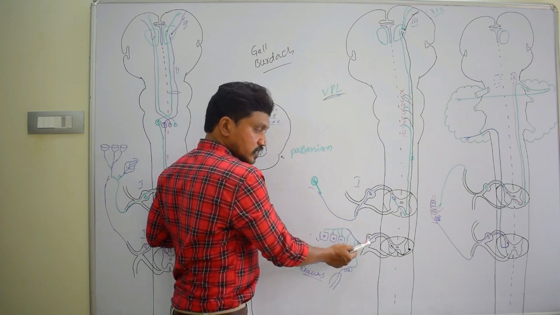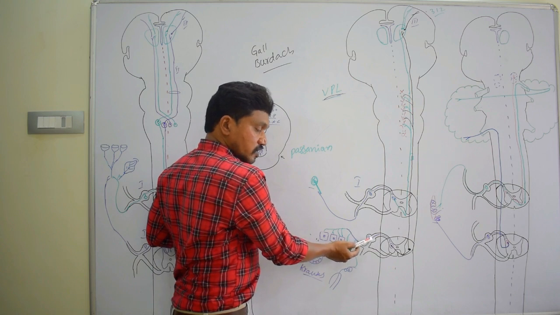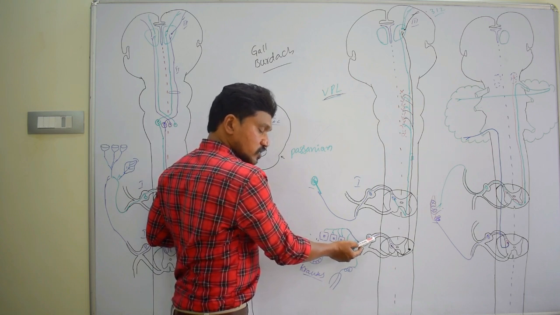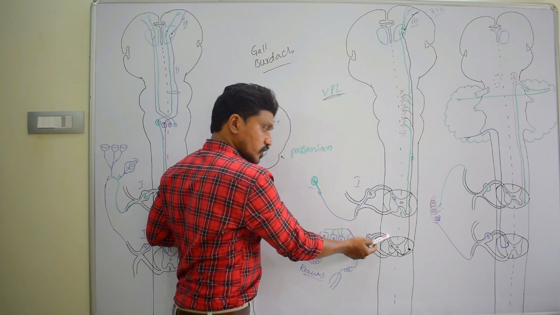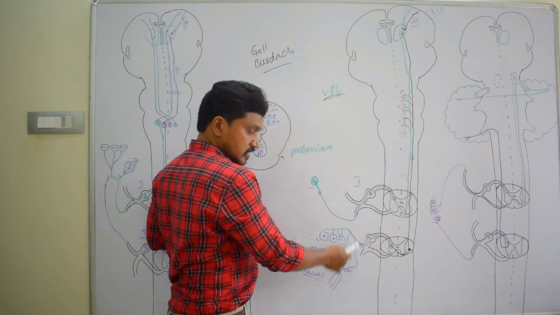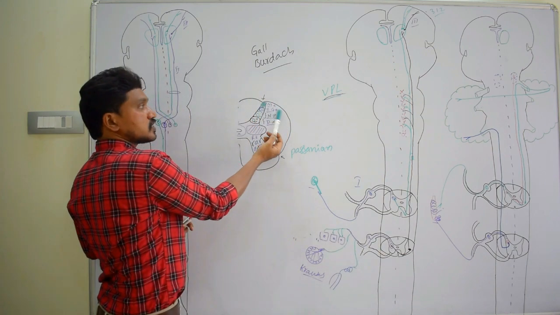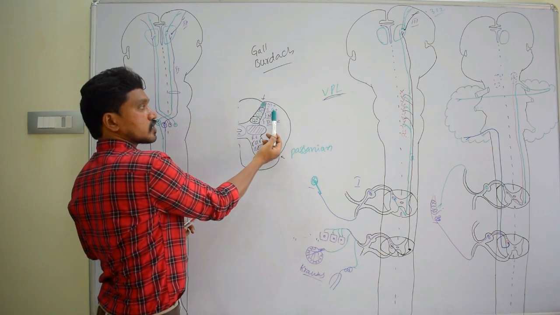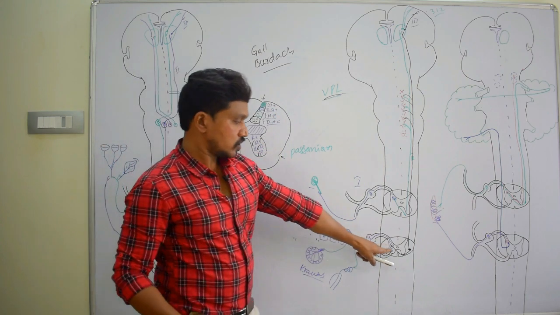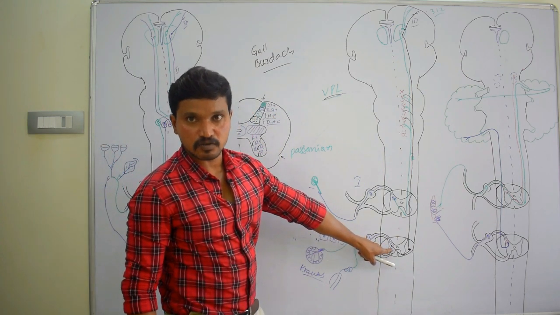They carry those sensations and reach the cells present in the dorsal root ganglion. Then from there, central processes pass through the posterior root and reach the dorsal nuclei. Since these are touch and pain, they will relay in the marginal nucleus and substantia gelatinosa of Rolando. So this nucleus is the marginal nucleus and substantia gelatinosa of Rolando.